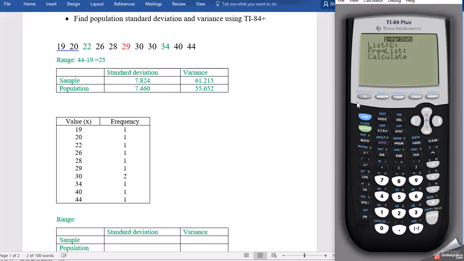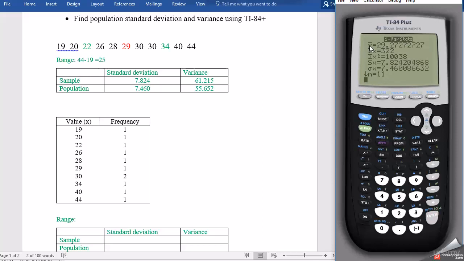The values of x are in L2, second 2, that's L2, and the frequency list is in L3. So we're going to change this to L3, second 3. So our frequencies are stored in L3. That's where our frequencies are. So to calculate, like we did, we go to CALC. We already have that entered, so go down and calculate.